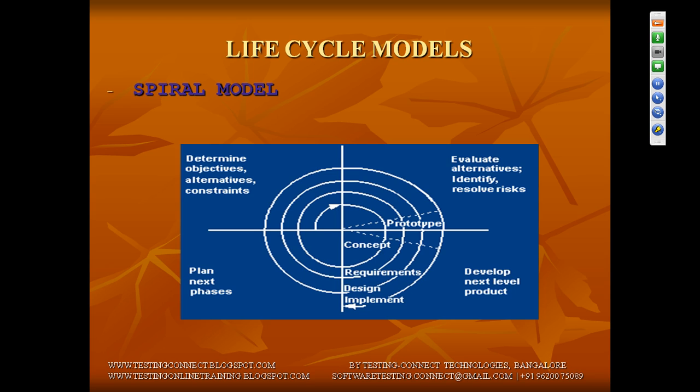The primary point is, whenever you don't have stable or clear requirements, at that point of time you can go for the spiral model, rapid application development model, or prototype model.